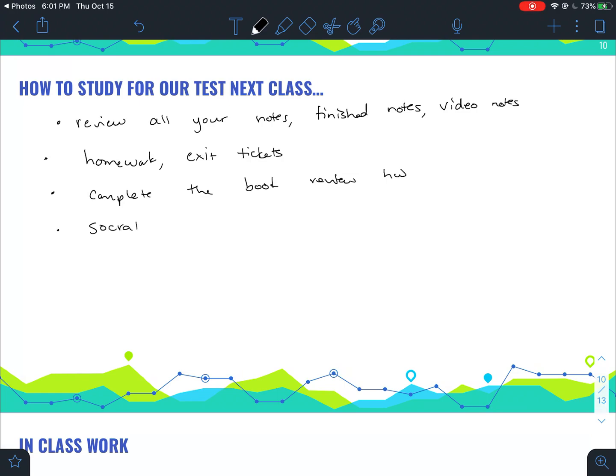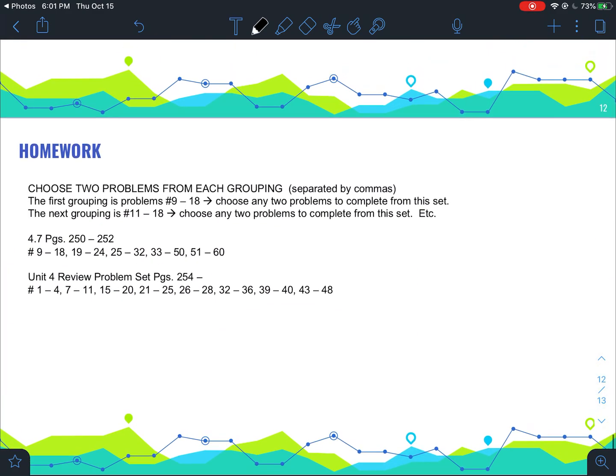You should complete any Socratives that I have open to help you study, and the Socrative that we did in class today to help you review. Remember to study with a buddy, and to email me with any questions as you're studying, or you can come see me before or after school.